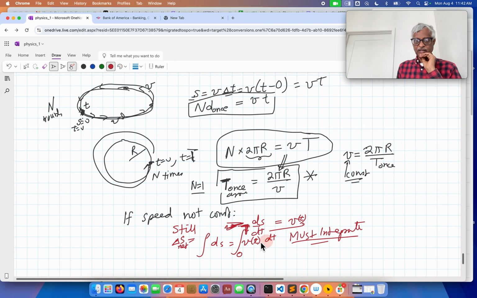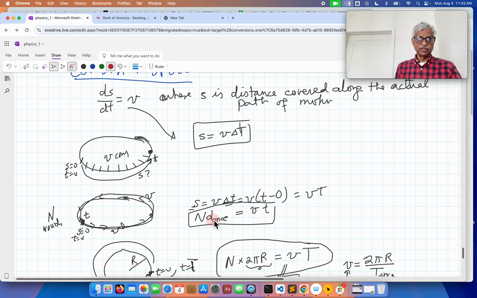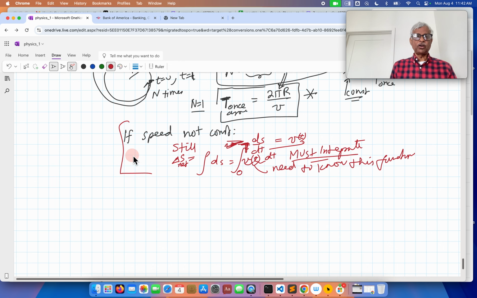For that, I really need to know how I was changing, how my speed was changing. Okay? So this is the complication. That's why we're doing constant speed. And this is often the case in tests. Tests often test this.